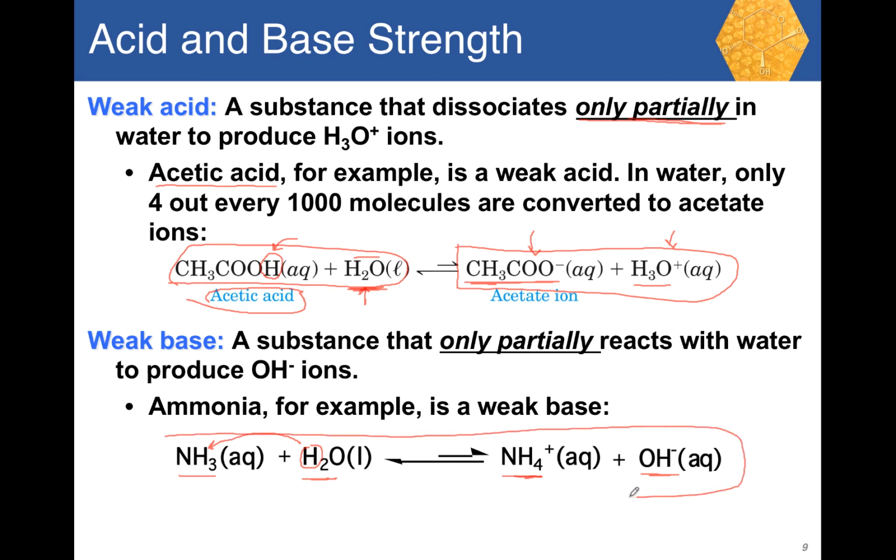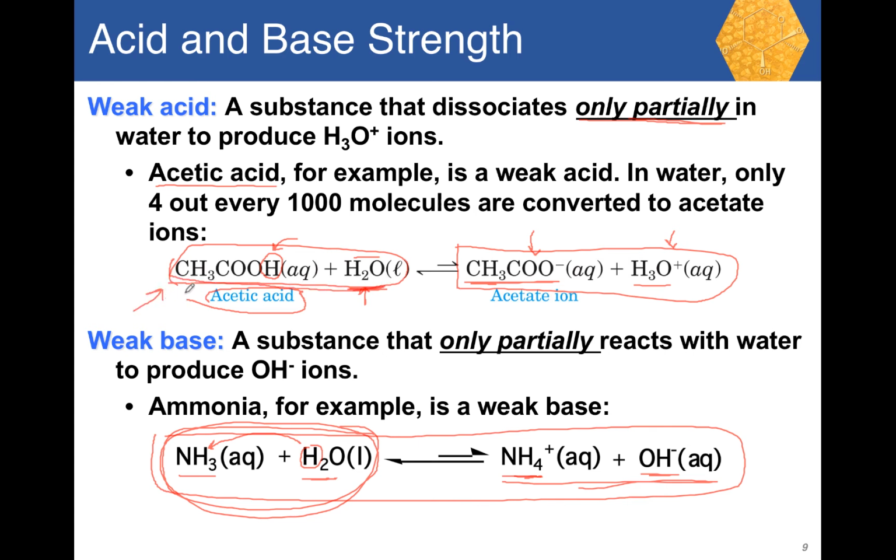If you were to look around that beaker, what you will see would be all four of these. But because it is weak, we have a lot of the reactant molecules here compared to the product molecules. Just like here with acetic acid, because acetic acid is weak, you'll have a lot of acetic acid molecules compared to the dissolved species. So that means it's a weak acid and a weak base.